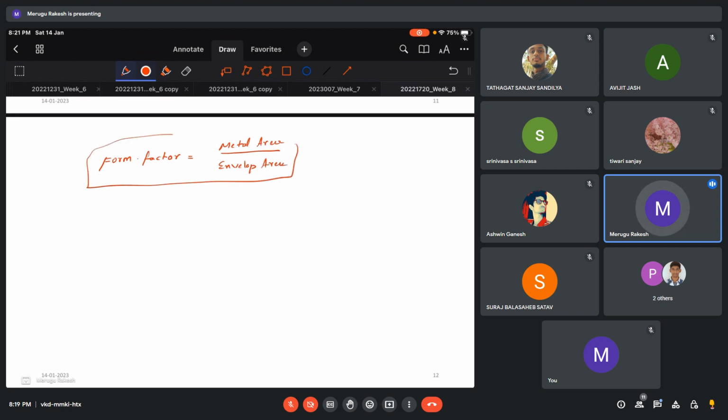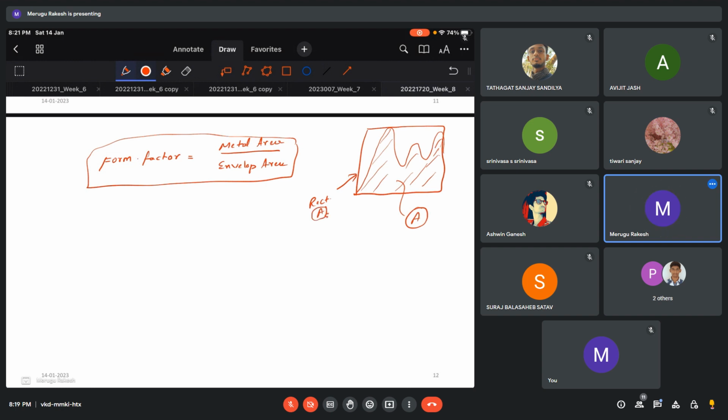So this is what we call form factor. Suppose we have a rectangle, and inside we have this profile, and this is completely metal. You can say this is the area, and this is the envelope area. Sir, here the envelope area is the area which we consider?